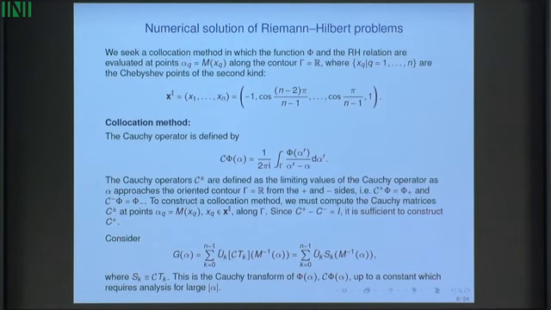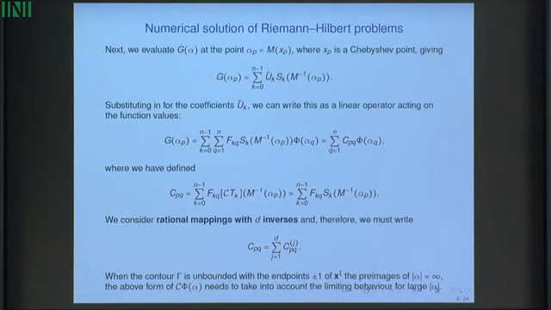So let's now use that expression, but evaluate it at all those collocation points. The collocation points are denoted by xp. Via the mapping, they are mapped to some other points, alpha p, on the real axis. We substitute those points, and also the expression that we had for the coefficients.